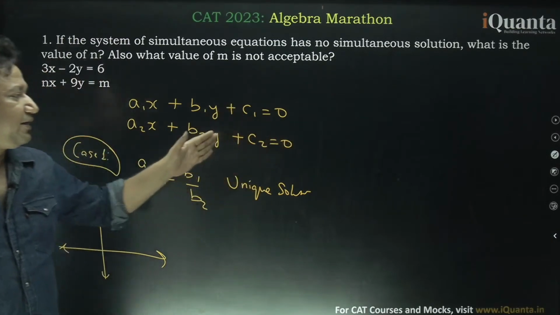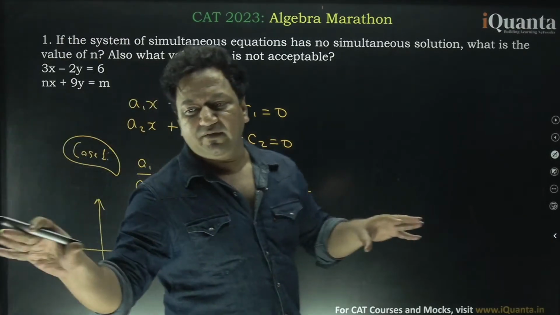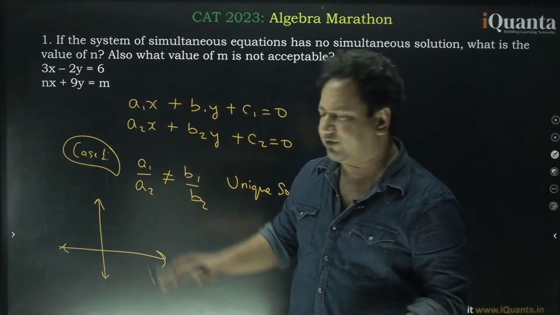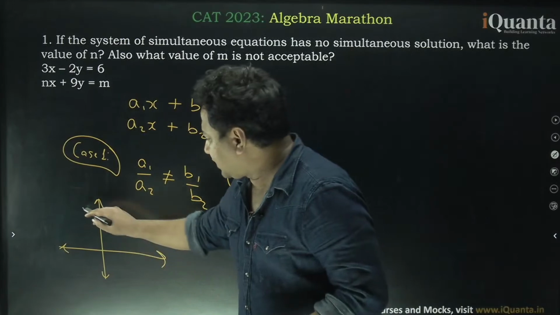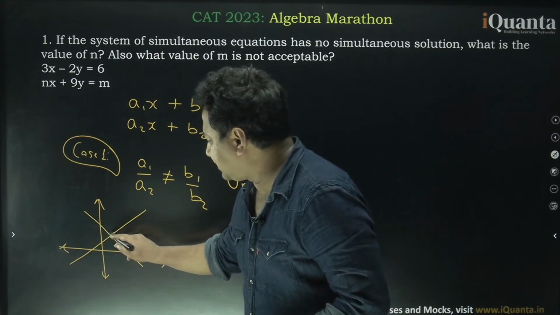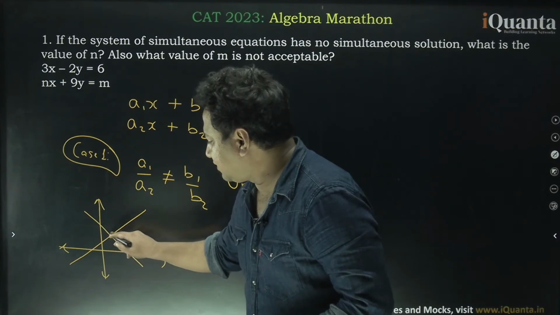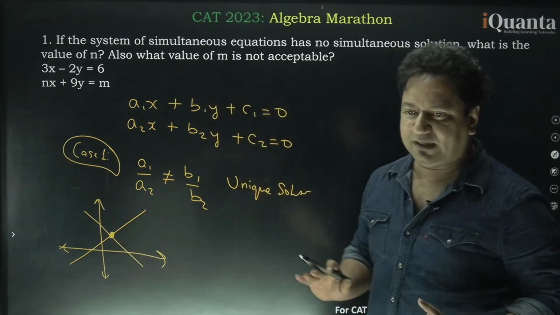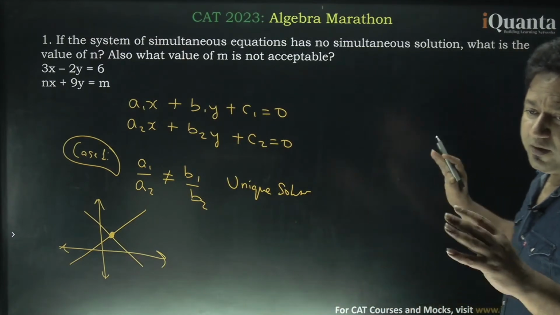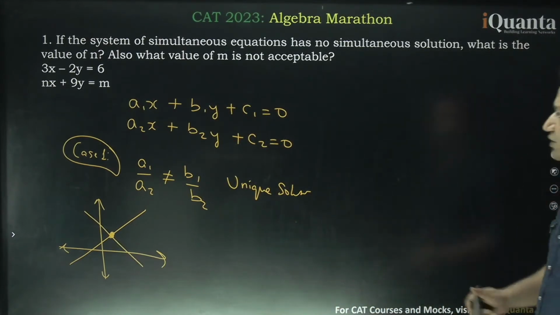Linear means something which is derived from line, a straight line. If you draw the graph of it, it will be a straight line. So two straight lines will be intersecting at one point. This one point will be the unique solution. I hope that is clear to all of you. Is it clear? Tell me in the comments. So the point of intersection is the solution.